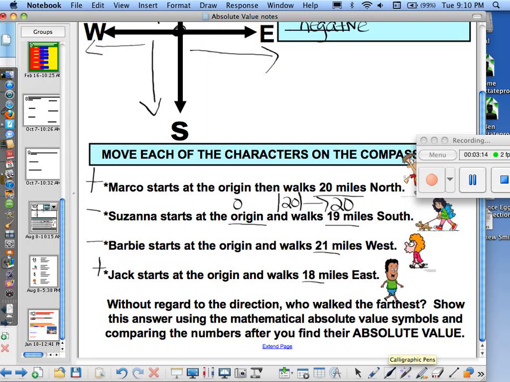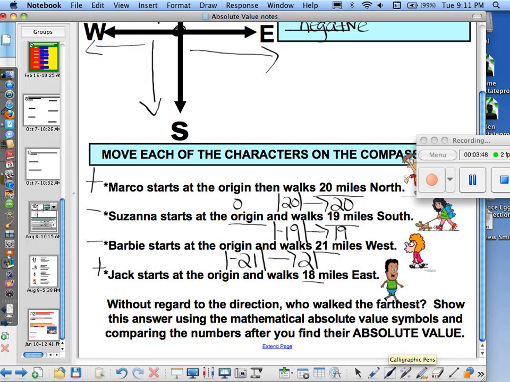We also have the absolute value of negative 19, because remember, south is negative, but the absolute value of that is still 19. Okay, Barbie went 21 miles west, so that's a negative direction. But when we take the absolute value of it, that distance is positive. Distance is always positive. The negative sign is just telling us the direction.